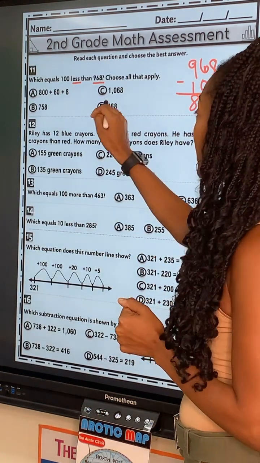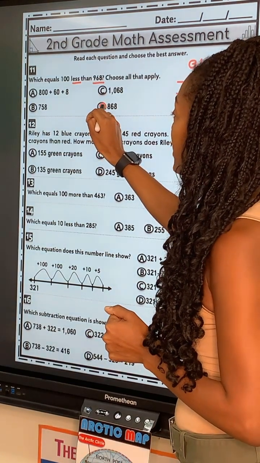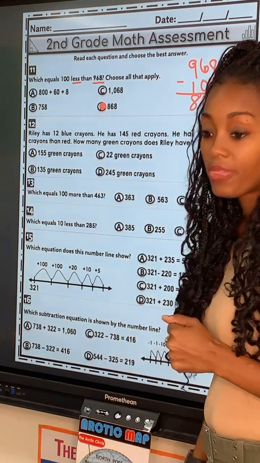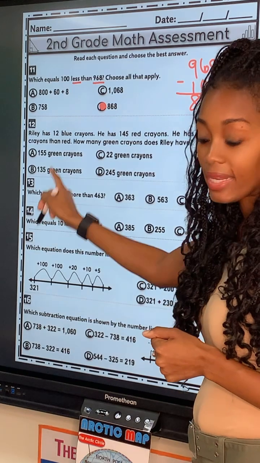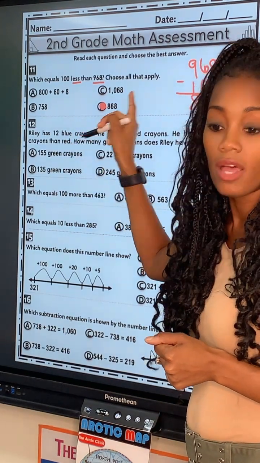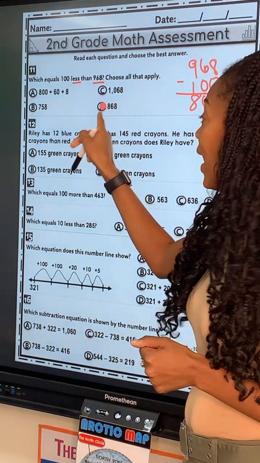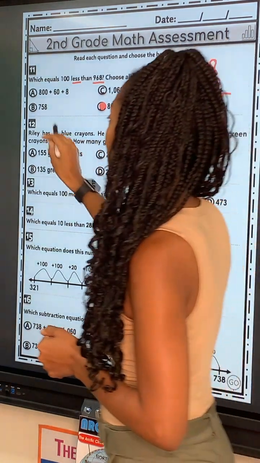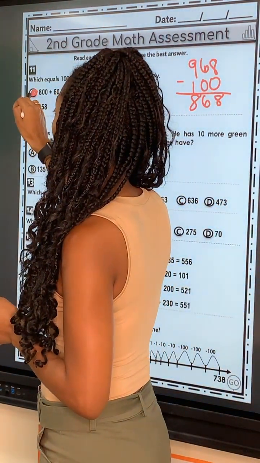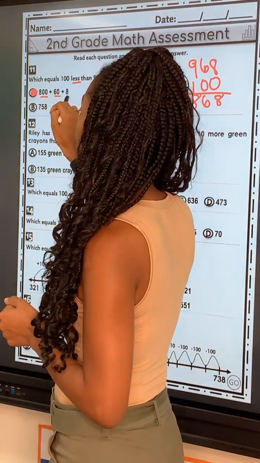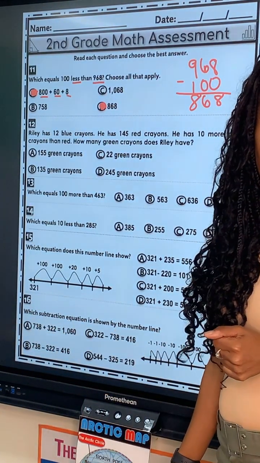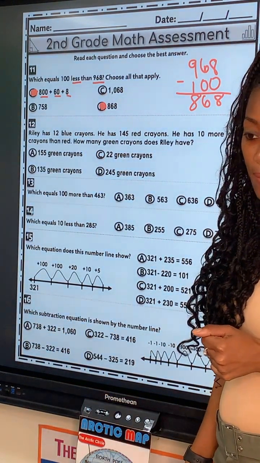Look at that. 868 is D. Now we know that there's more than one answer, so I need to find another answer that's going to equal 868. That's going to be A because it says 868, but it's written in expanded form. Do you see that?